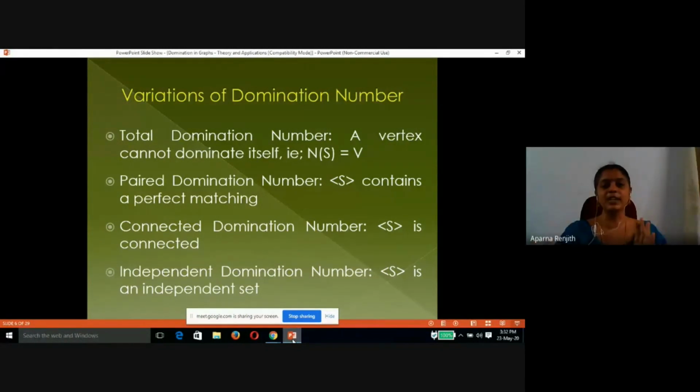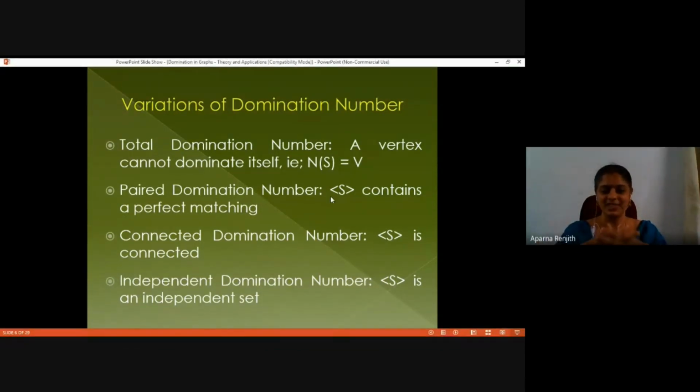Here again, S is a dominating set and the underlying graph is independent. That is, no two vertices of S are adjacent to each other. The minimum cardinality of such an independent dominating set is called the independent domination number.